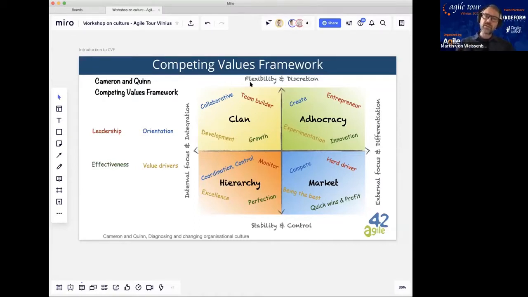Up here on the other side, flexibility and discretion means that people have the flexibility to choose what they want to do, and the discretionary decision power to make choices on their own. That's great because it gives you faster feedback. People can make decisions without having to go back to the base, consolidate information, and then have everyone, or certain people, decide what to do.